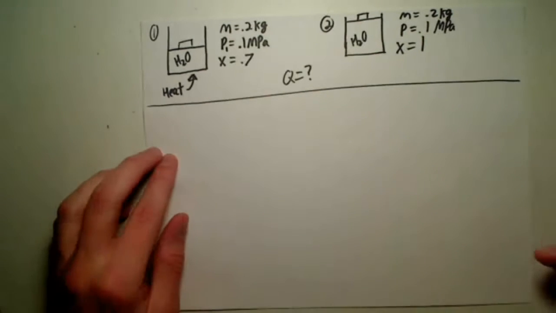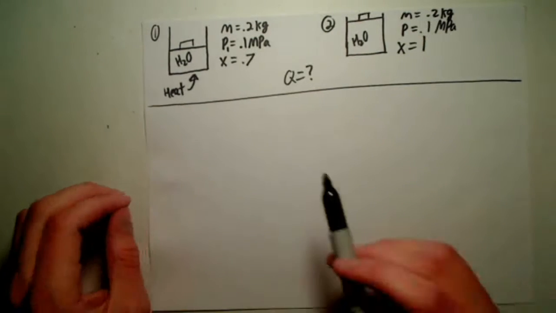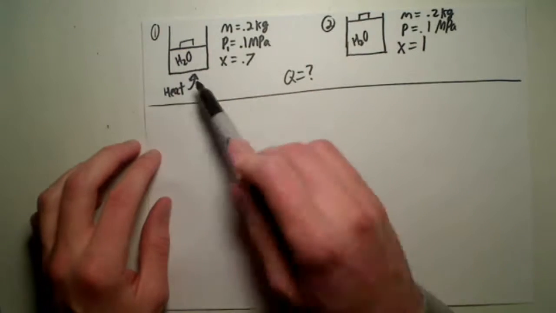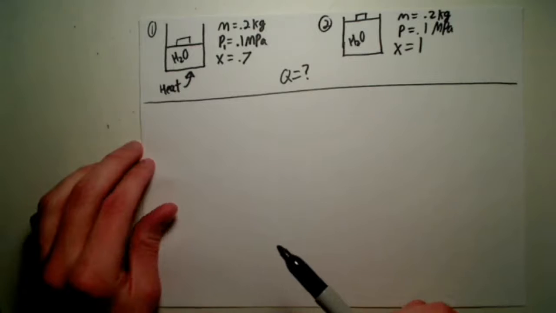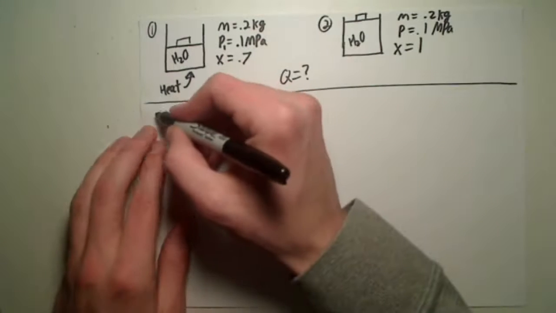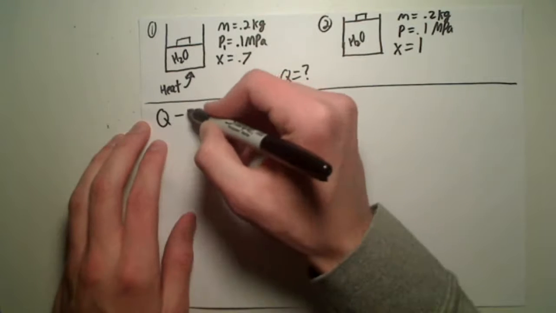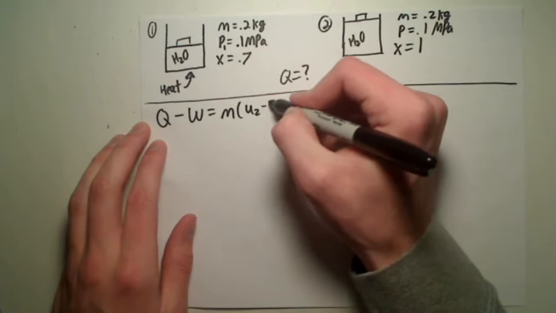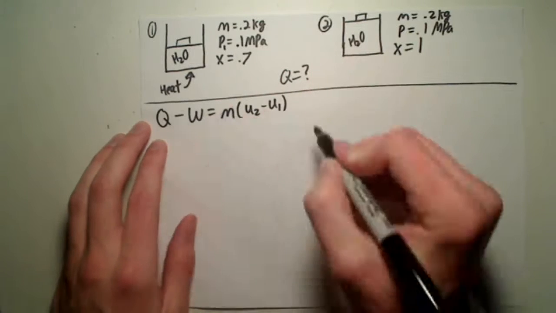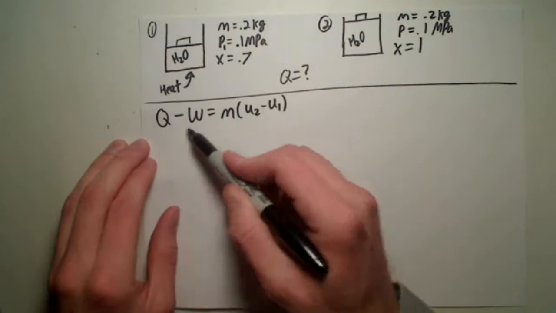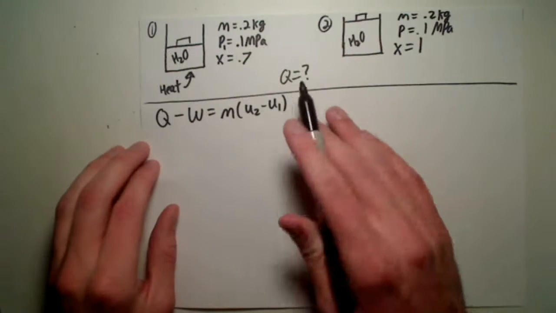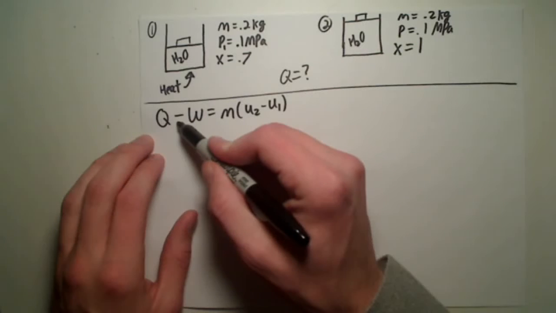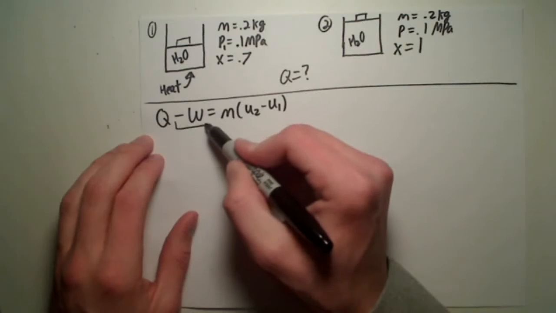So let's start off by finding out what the volume is of state 1 and state 2, because we're going to have to fill in the gap in this equation. This is the first law of thermodynamics. We just went over it, and we're first going to find out what work is.